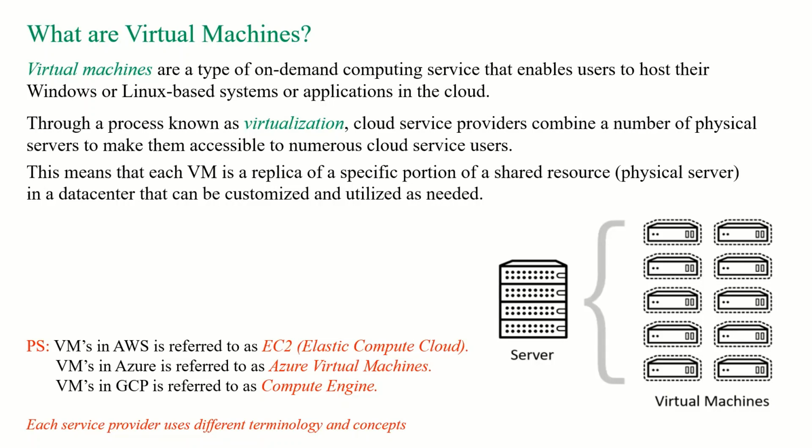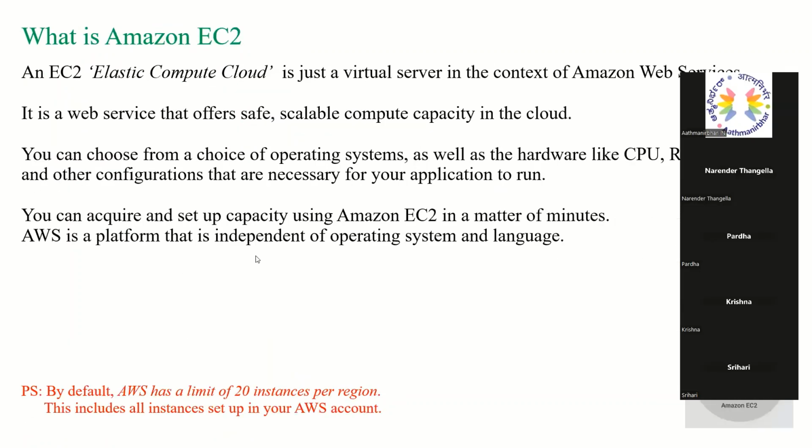Each service provider uses different terminology and concepts, but at the end of the day, the intention of using these virtual machines is one and the same. Next, let us try to understand what Amazon EC2, the virtual machine inside AWS, is.